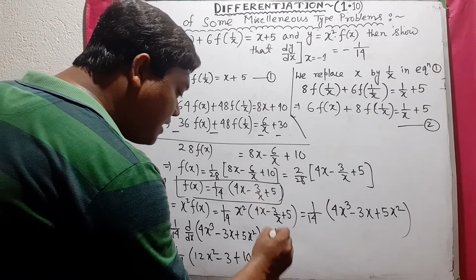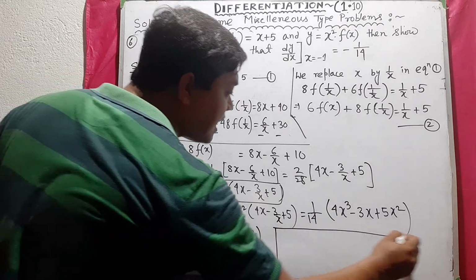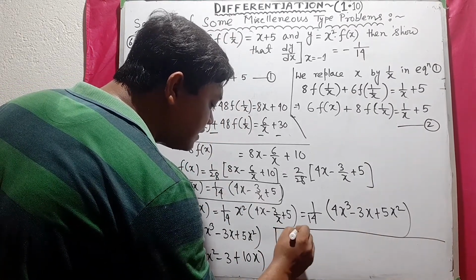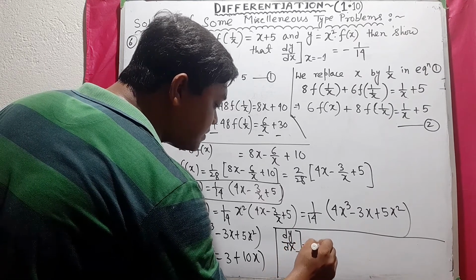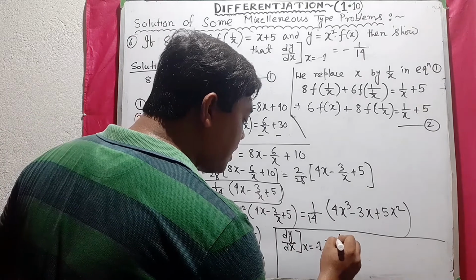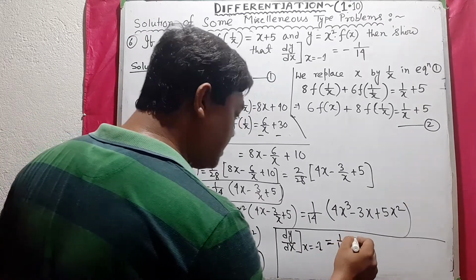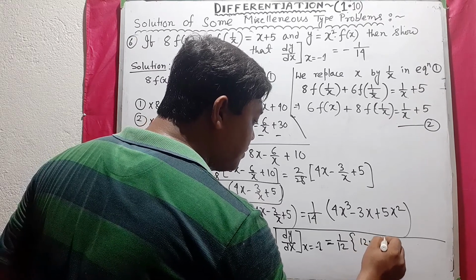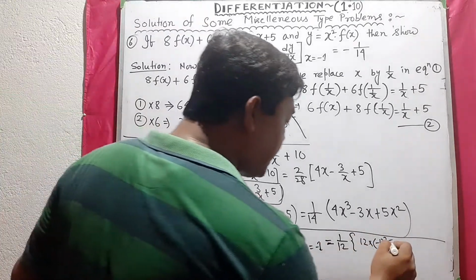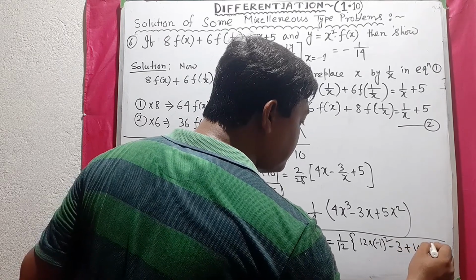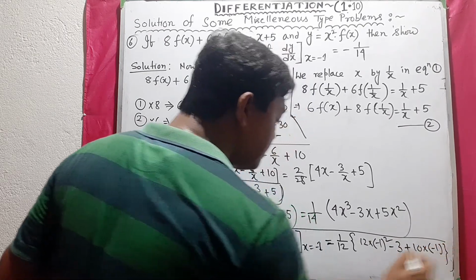So we have to find the value of dy/dx at x equals to minus 1. So dy/dx at x equals to minus 1 equals to 1 by 14 into 12 into minus 1 whole square minus 3 plus 10 into minus 1.